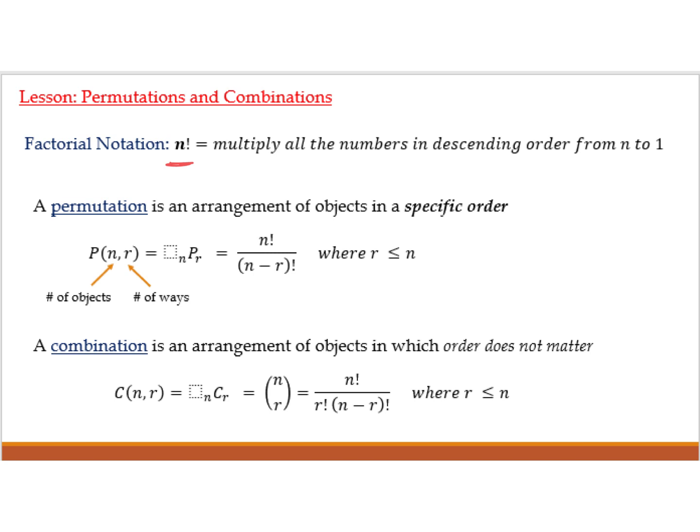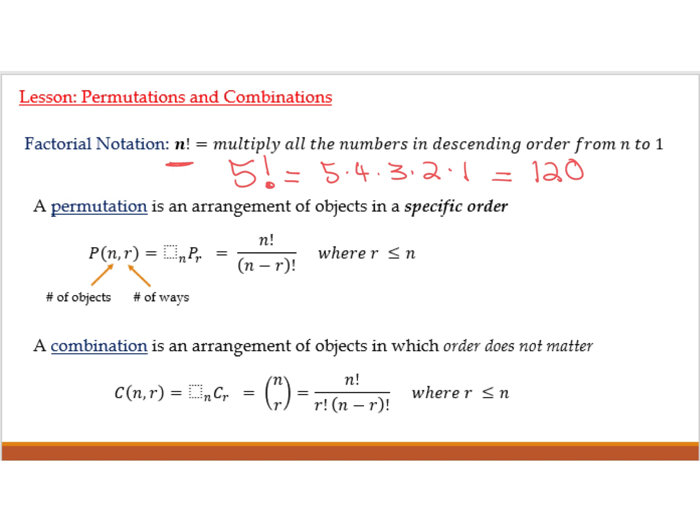So if I ask you to find 5 factorial, that would mean that I'm asking you to multiply 5 times 4 times 3 times 2 times 1. And when I multiply that, I would get 20 times 6, which is 120.